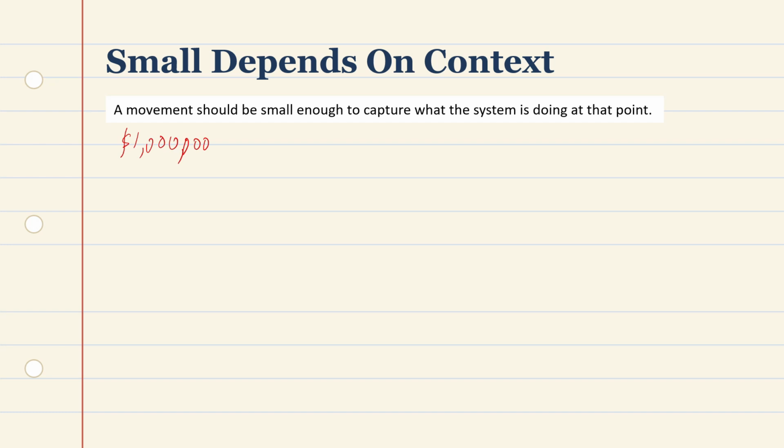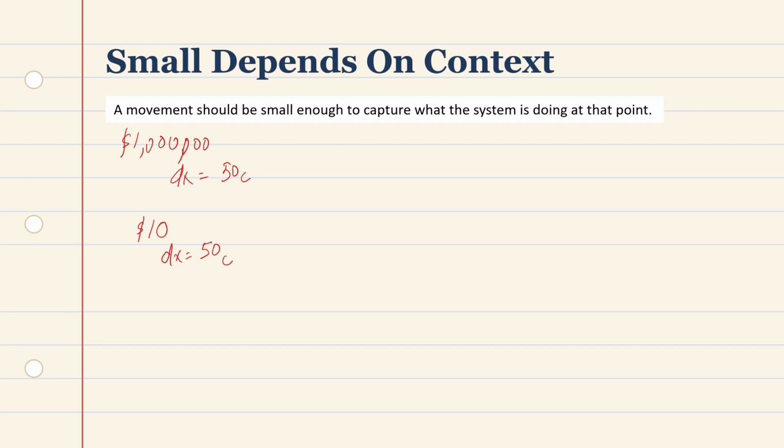In this case, if we choose a movement dx of 50 cents, that is pretty small compared to $1 million. Now let's take another system that is only $10. In this case, a movement of 50 cents is significant.